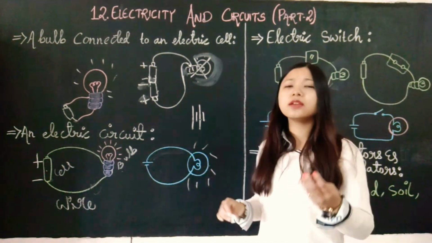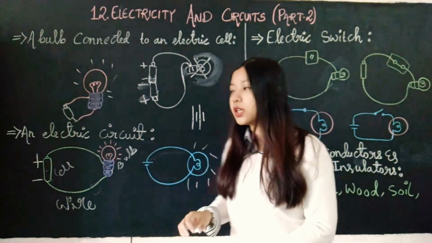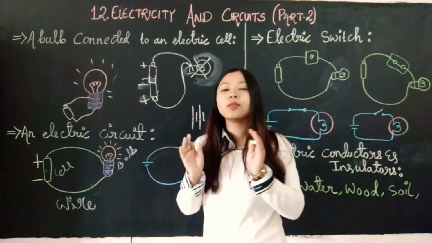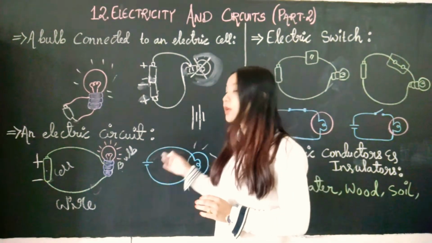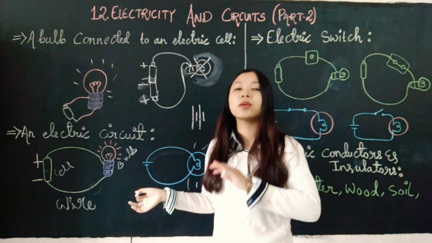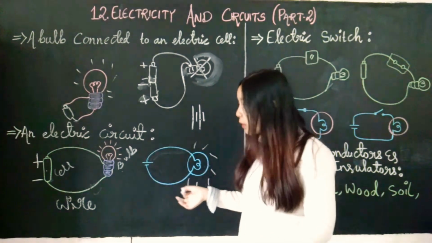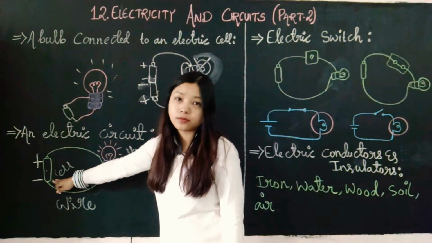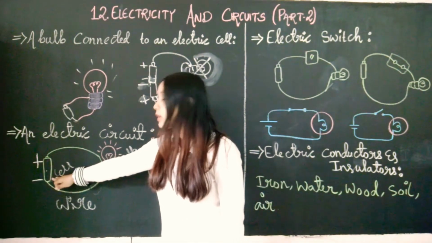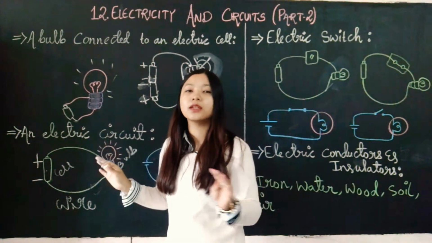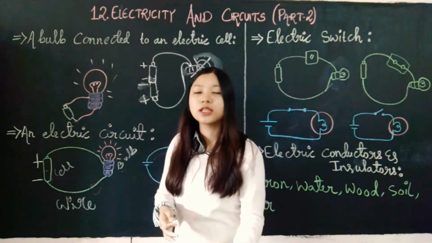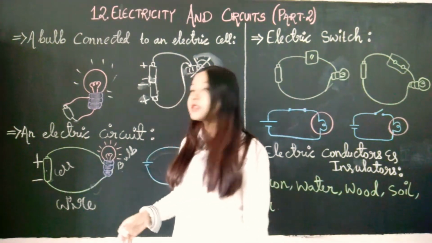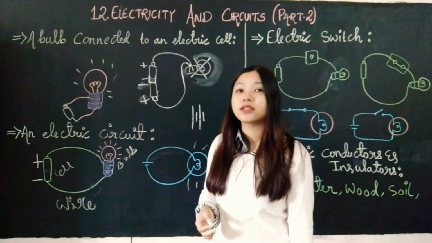But there may be various reasons for which, even if we put all this electric circuit in a proper way, the bulb still doesn't glow. One may be the cell is drained out of its power. That means there is no power left in the cell, so it is not producing electricity. Another reason may be the wire is not made up of metals.